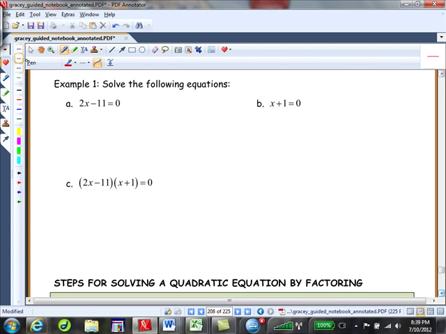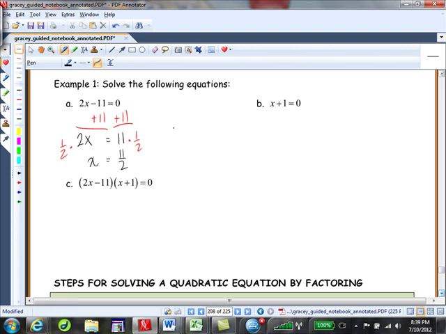Part A, we need to add 11 to both sides. We have a linear equation in one variable. So we will get 2x is equal to 11. And then if I multiply by 1/2, then I will get 1x, which is x, is equal to 11/2.